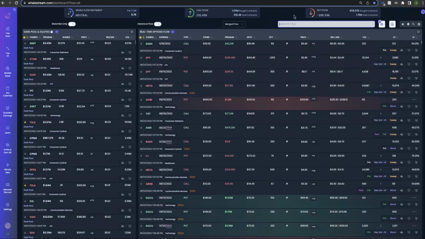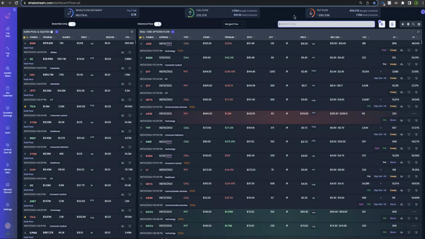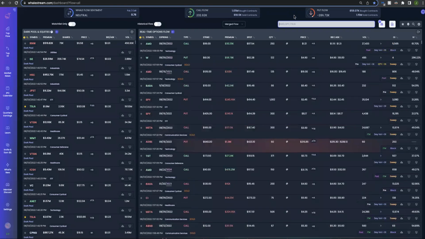It is a tool. It's not a follow the whales and you're going to be a billionaire. It's use the whales to support your thesis or help you create a thesis, because you're seeing that they're buying, you go do your due diligence, you see why they're buying, or you think you see, or you know something might be coming up.